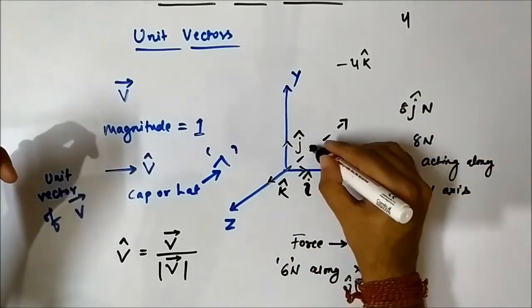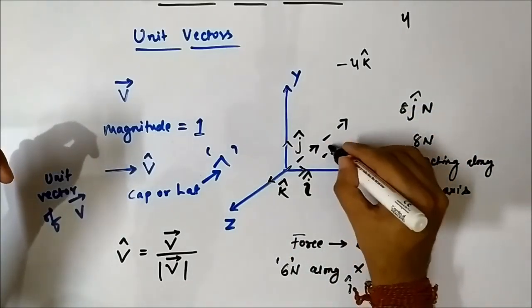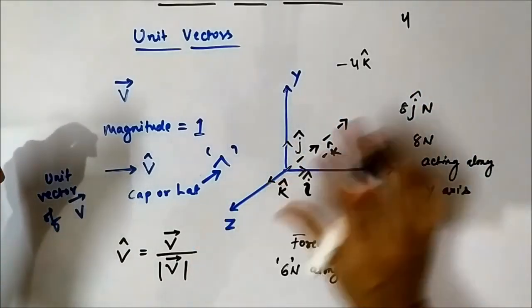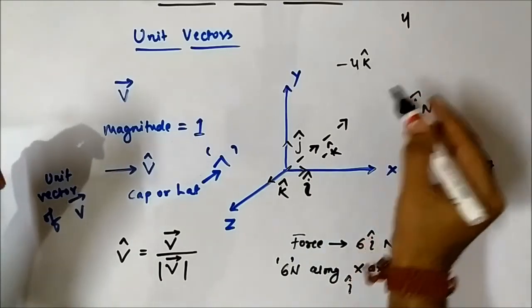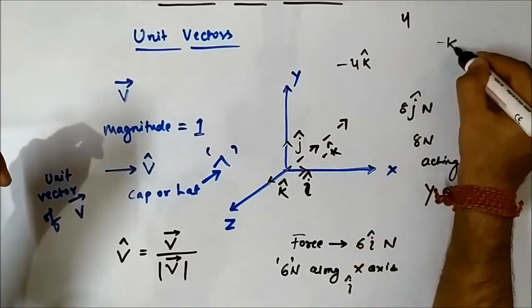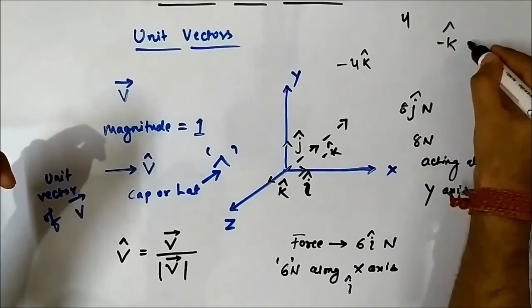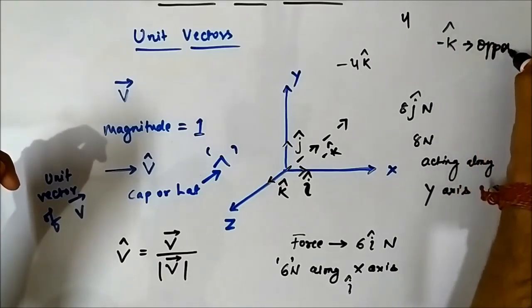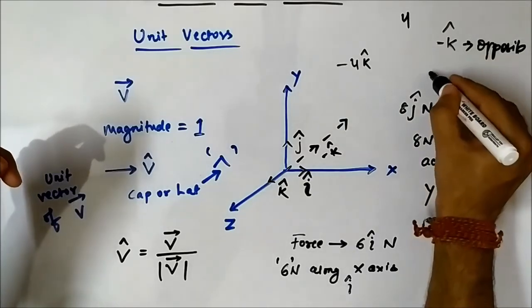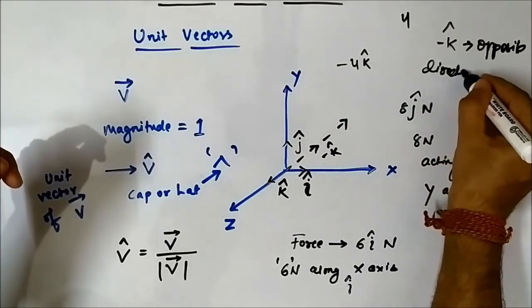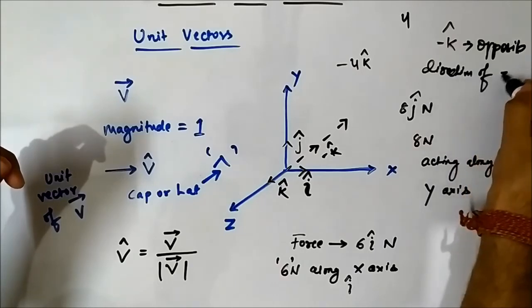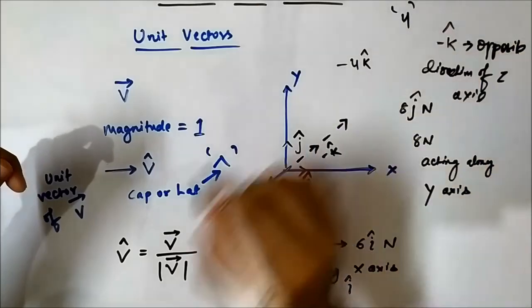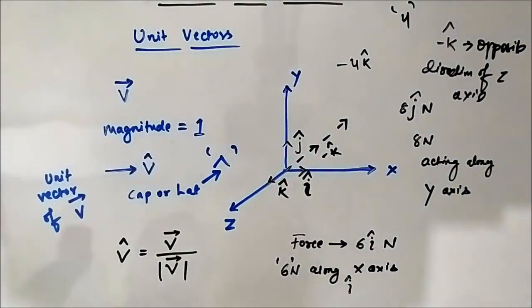This minus k cap represents the opposite direction of the z axis, and 4 is the magnitude of that vector.